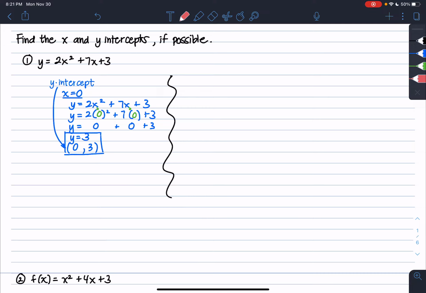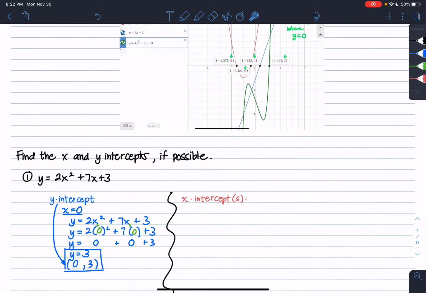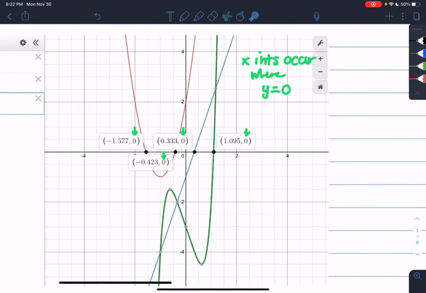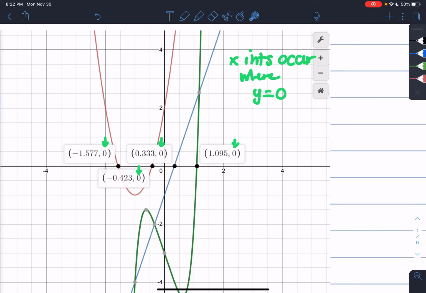Now, x-intercepts are a little bit different. Actually, they're very different, not even a little bit. So this is what we do for our x-intercepts. Similar to what we did with y-intercepts, x-intercepts occur where y is equal to 0.